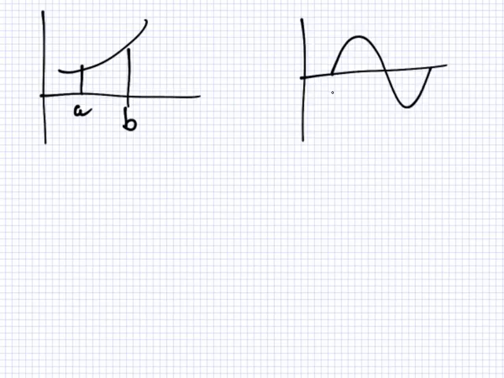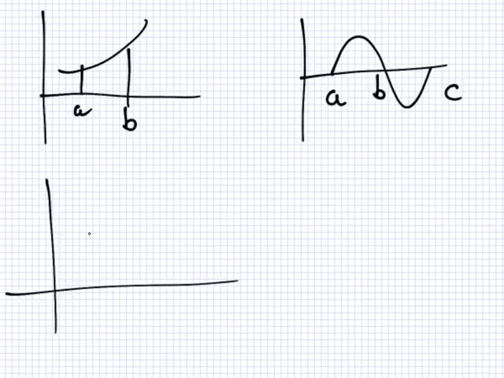So first we must integrate from A to B and then B to C. The third situation is when we have 2 curves. So we integrate from A to B, f minus g.